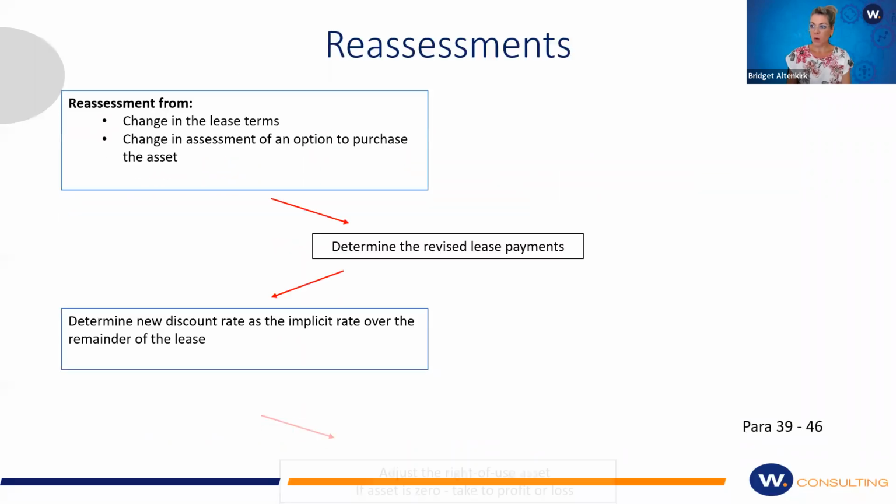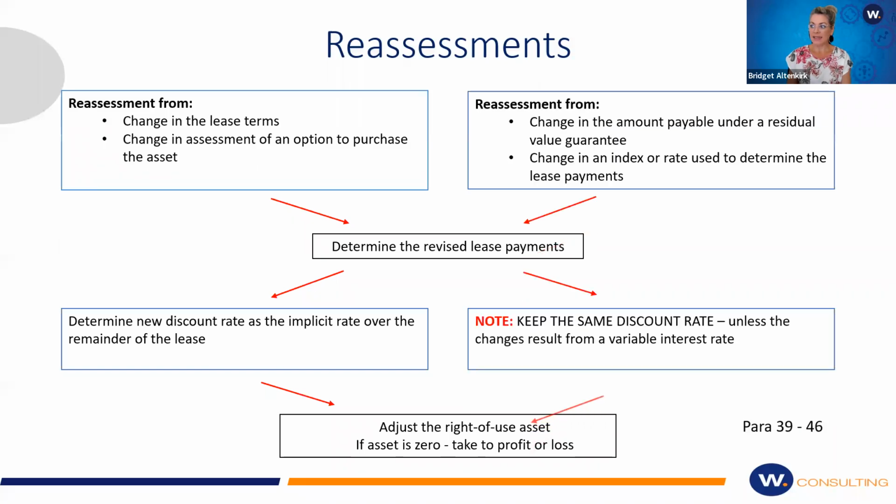IFRS 16 requires in certain cases a lease liability to be remeasured. So there may be things which take place in subsequent periods where there could be a renegotiation of terms between the lessee and the lessor. So potentially the lease term changes. They change it from a 5-year to a 10-year lease. Or the lessee wasn't going to buy the asset, now they believe they'll buy the asset at the end of the term.